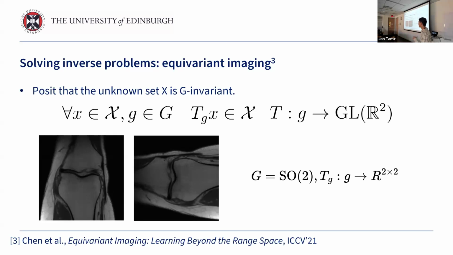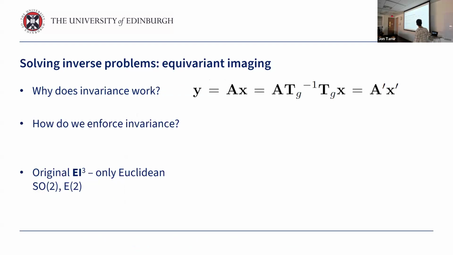We can't enforce this directly at the input. But we have this belief that for all x's in this unknown set of images that we don't have access to, we have this group invariance. For example, here we've got a rotation group. This works because, let's say you have A and you expand the identity. You are now imaging the image set, so the X prime here is combining T and X, but X prime is also in our set.